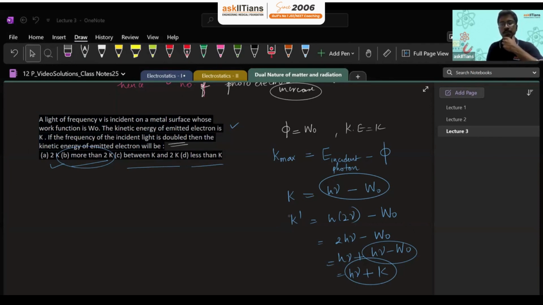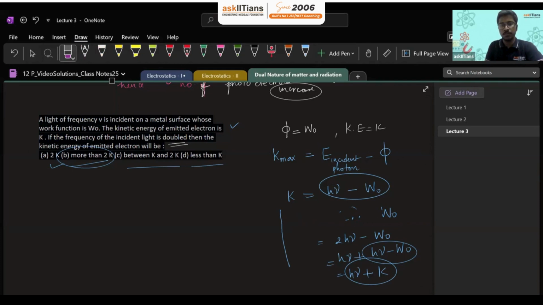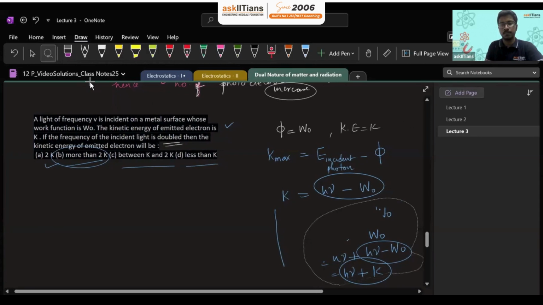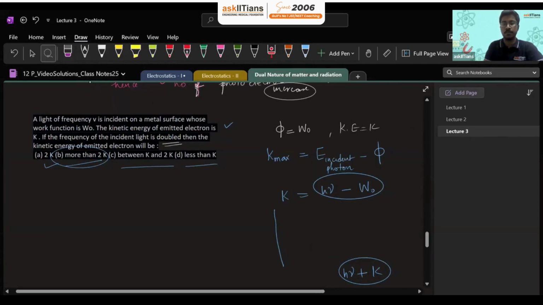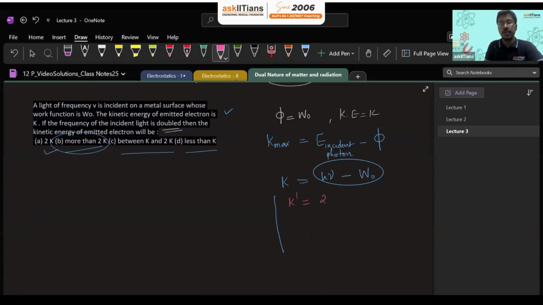So what we can do here is replace this h nu with K in this equation. Now we can write the new kinetic energy as K dash equal to 2 times h nu, because the frequency is doubled, minus the work function.